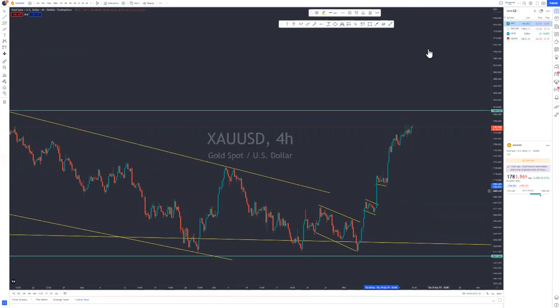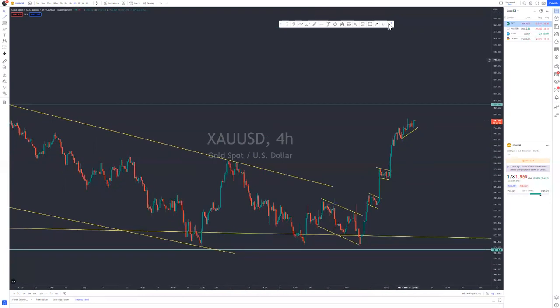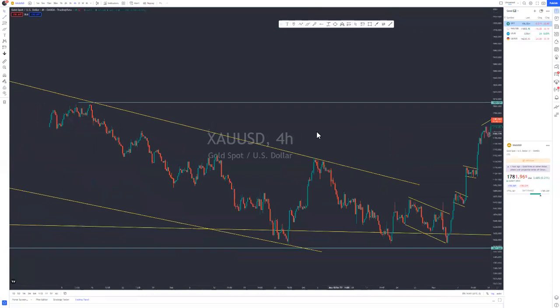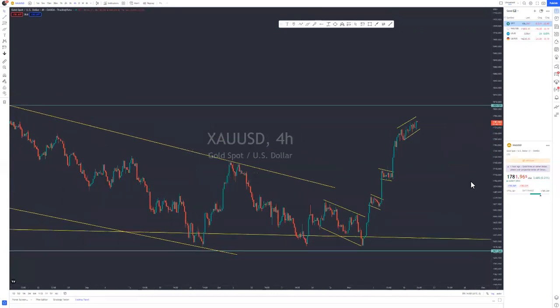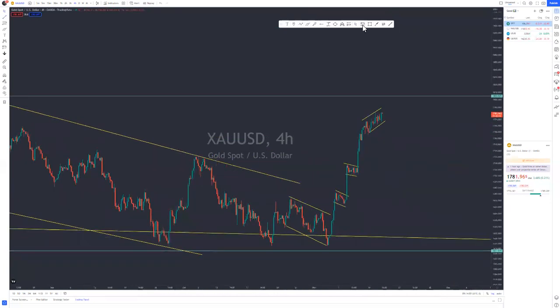But guys, do you realize how many times price gave you an entry here? I even lost count of how many times price gave us an entry. So now you need to just wait for the continuation. If you're looking at gold, you need to be looking at more buys than sells. You get what I'm saying, guys? That's how I see gold.